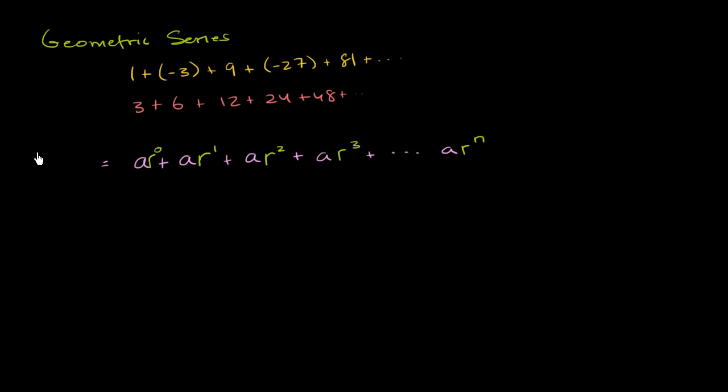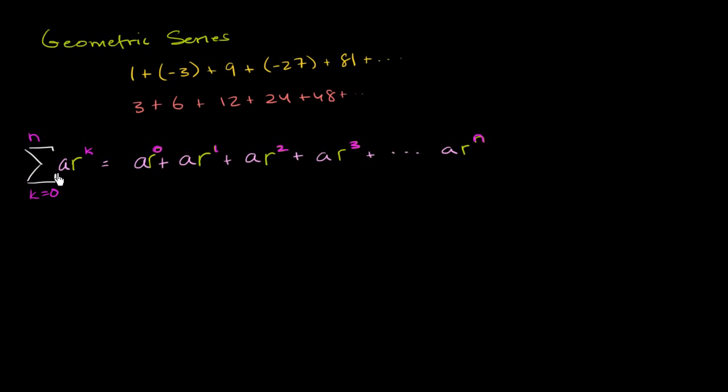So we can write this as the sum, so capital sigma right over here. We can start our index at 0. So we could say from k equals 0 all the way until k equals n of A times R to the kth power.